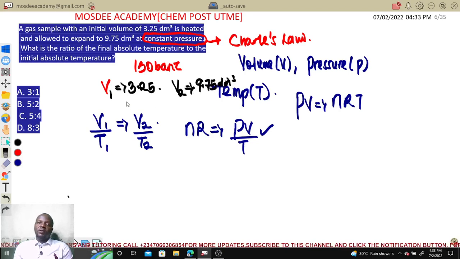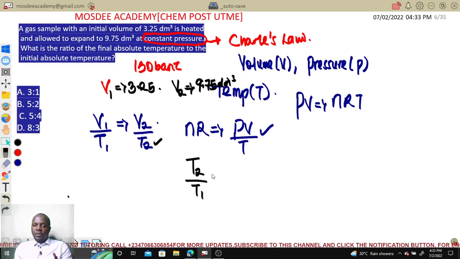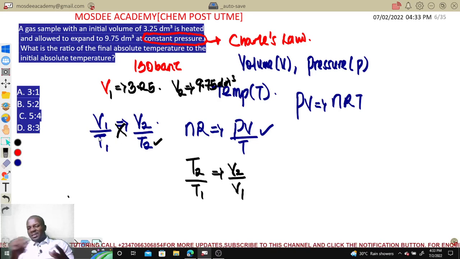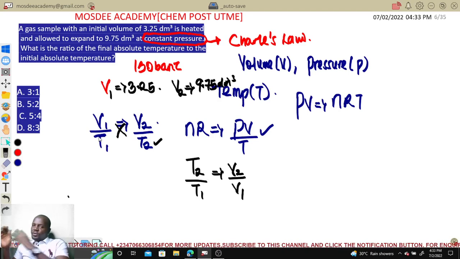So if we follow that, they now ask us the ratio of the final temperature to the initial temperature. The final temperature is T2, so I'm looking for the ratio of T2 over T1. From this formula, it's the same thing as saying V2 over V1, as I have only transposed the formula.